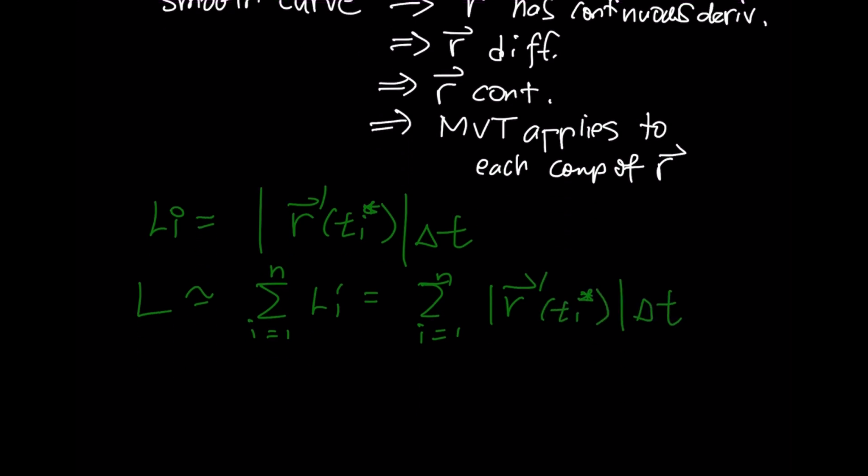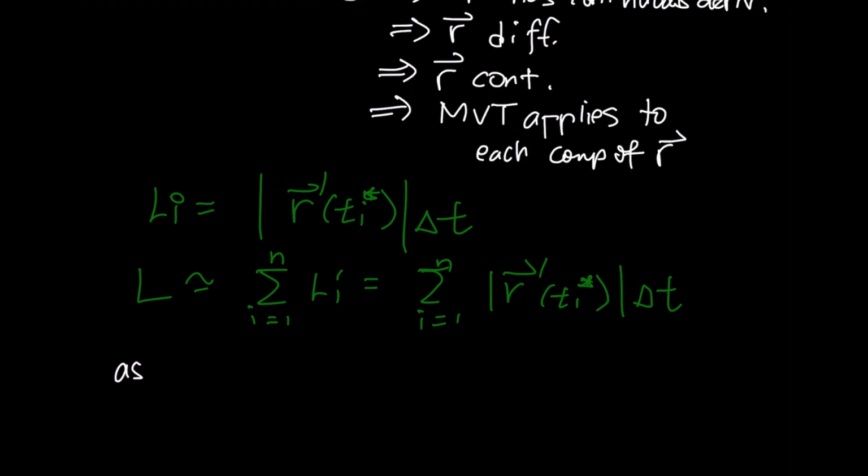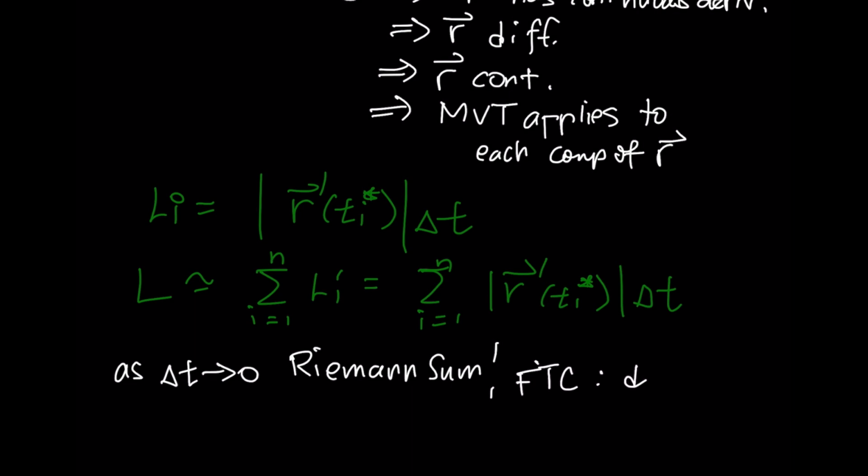As this delta t goes to 0, this is essentially just a Riemann sum. By the fundamental theorem of calculus, it turns into a definite integral.